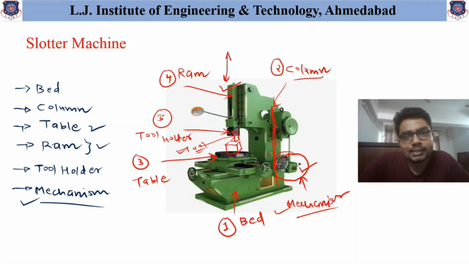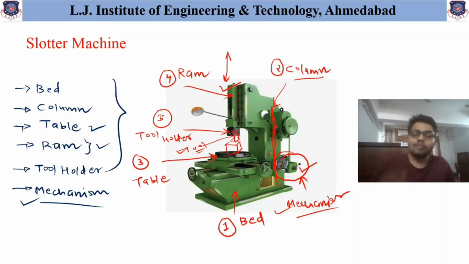So different mechanisms can be used based on the requirement. These are the common parts available in any shaper machine, planer machine, or slotter machine. So now I hope it is clear which are the main important parts available in the shaper, planer and slotter machine.